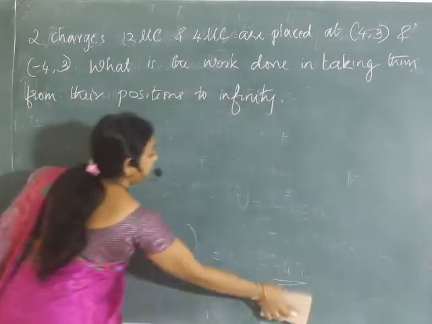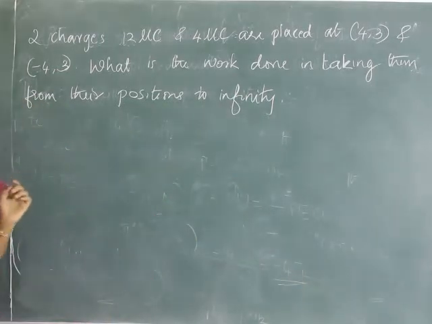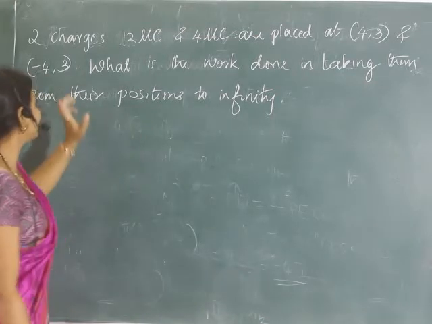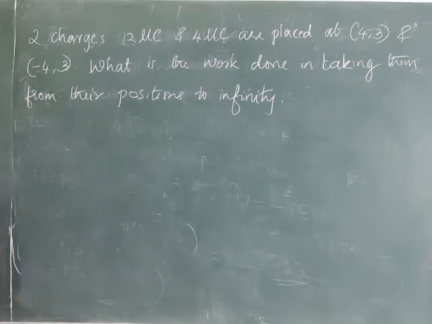What is the question? Two charges 12 microcoulomb and 4 microcoulomb are placed at 4, 3 and minus 4, 3. What is the work done in taking them from their positions to infinity? So you have to take them from their positions to infinity. So what is the work done?